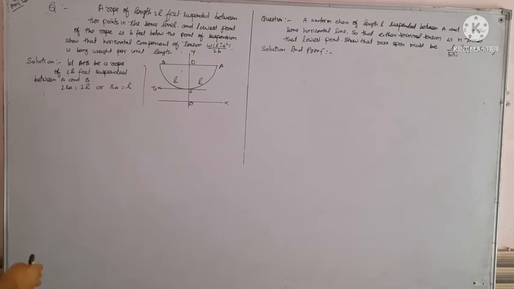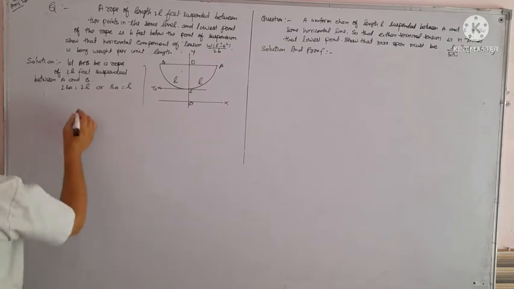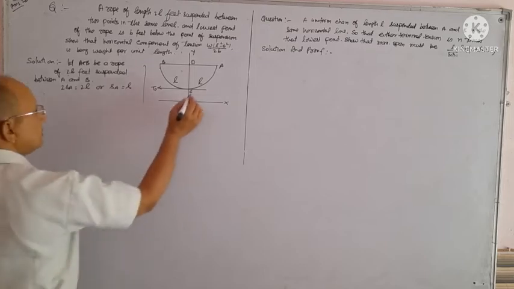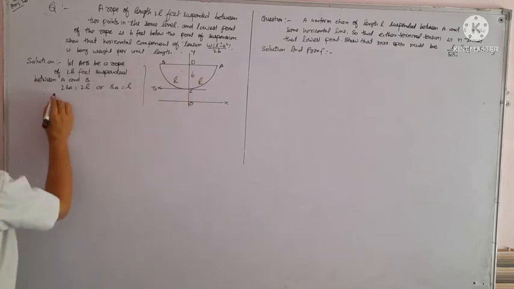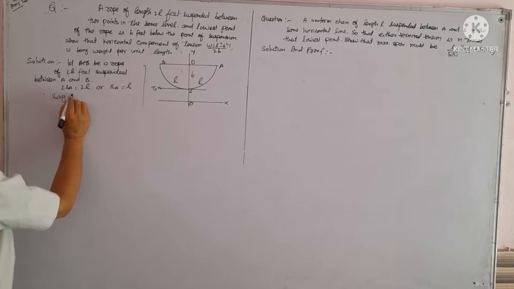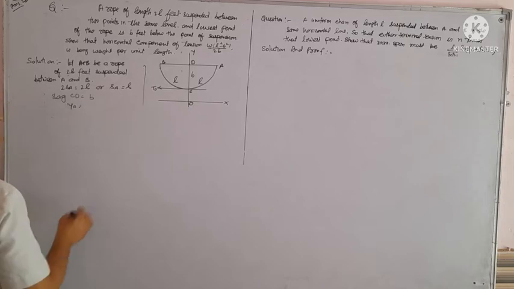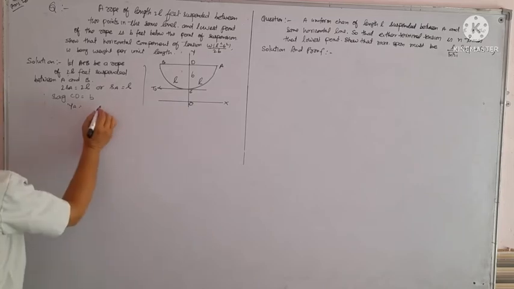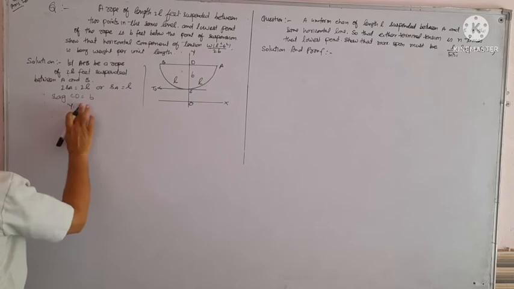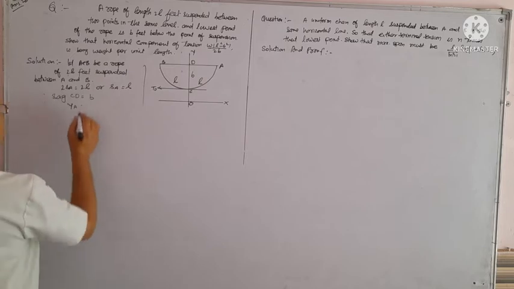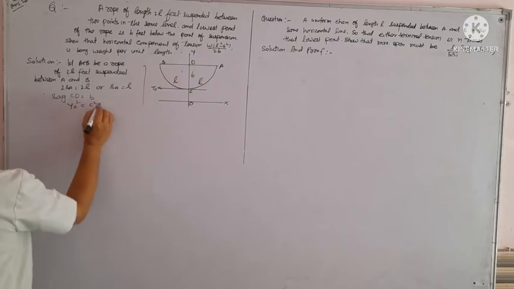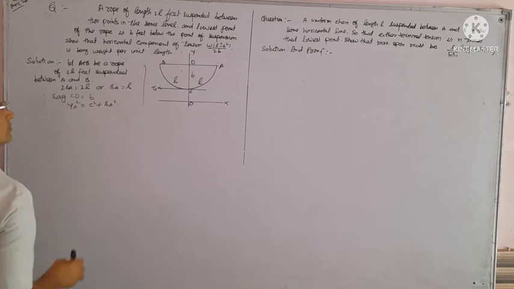OX is the directrix, OY the axis, OC the parameter c, and the sag is b. Y is the vertical distance between C and O and A. Y squared equals C squared plus S squared.